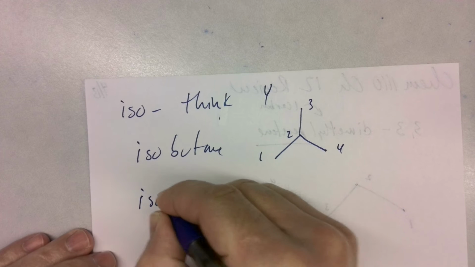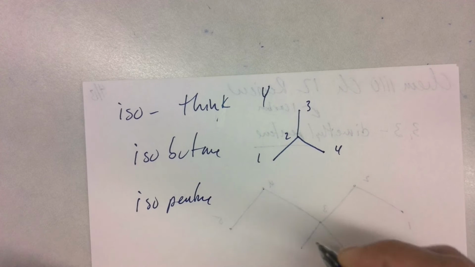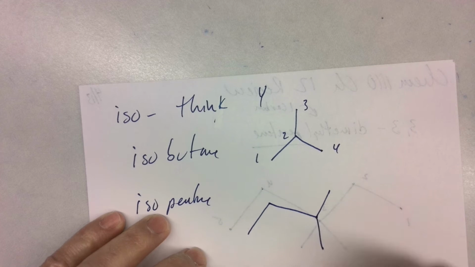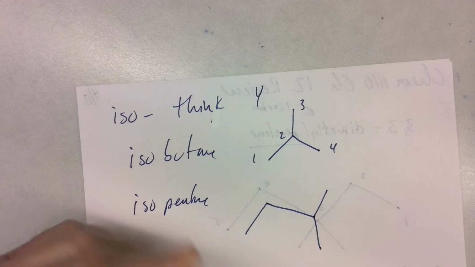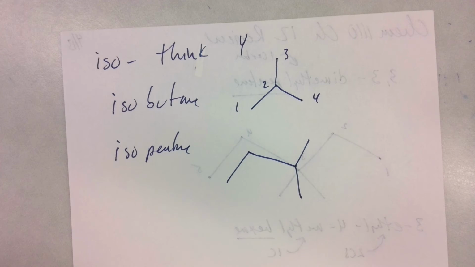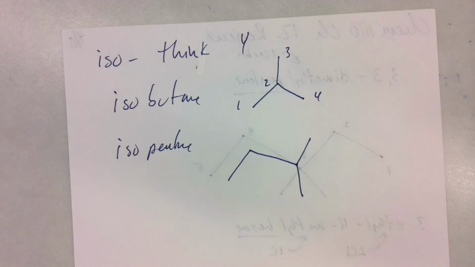So if I had isopentane, do you see how that kind of makes a Y, Aaron? When I said think Y on that? Yeah, that makes sense. They're always going to make a Y on the end of them. So if I use that as a branch, just go wherever that is and draw that kind of branch in.